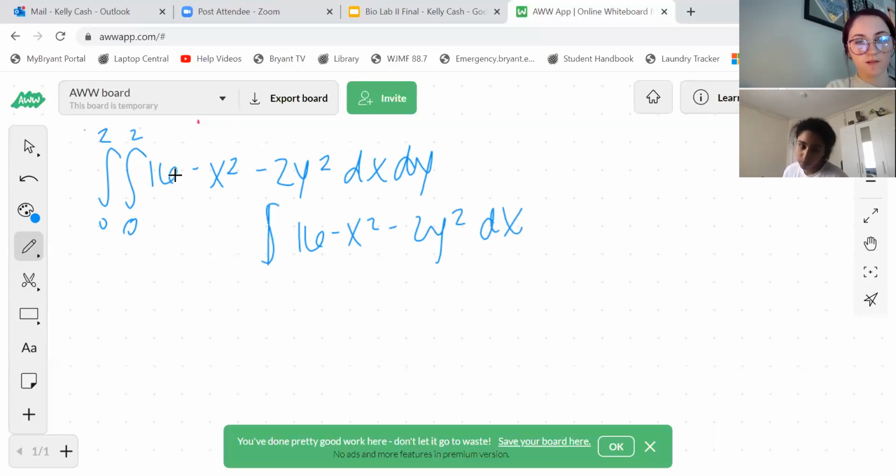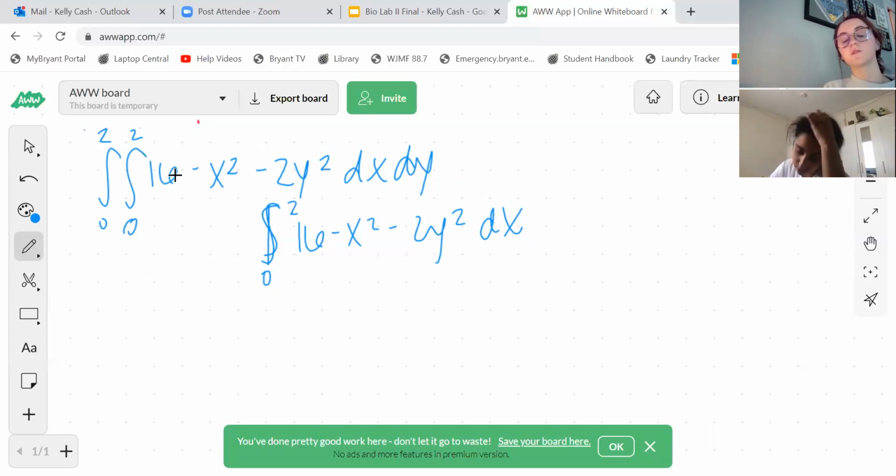Oh, that's an integral, and it's 0 to 2. So how do you integrate this, if y is a constant? Is it the minus x squared plus 16?